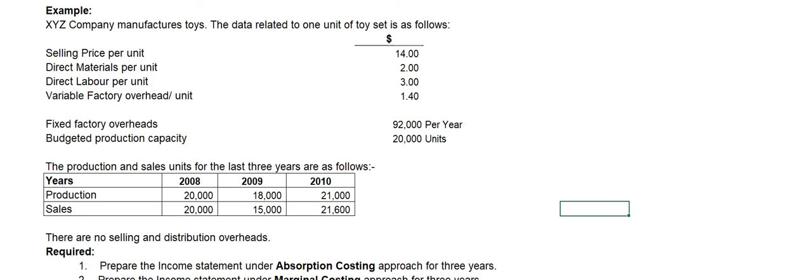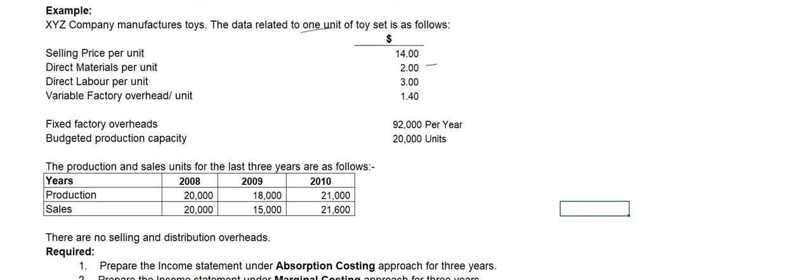So let's go through the question first. XYZ company manufactures toys. The data related to 1 unit of toy set is as follows. Selling price per unit is 14. Direct material per unit is 2.